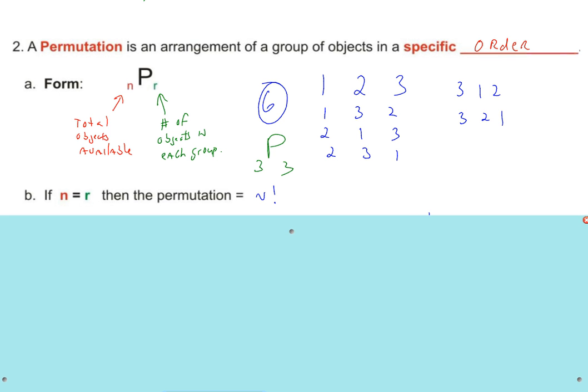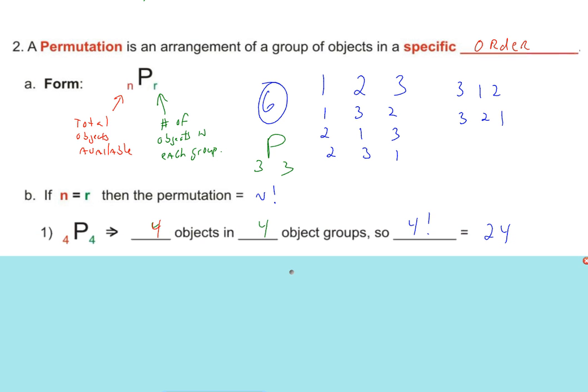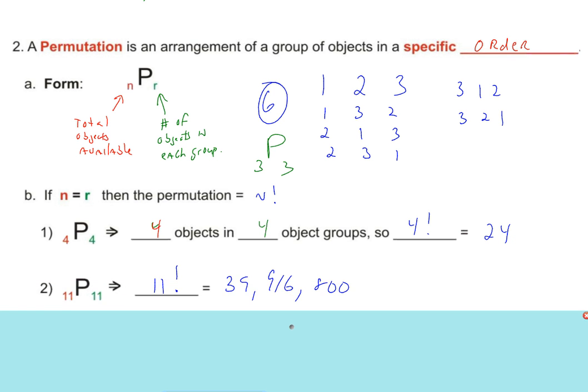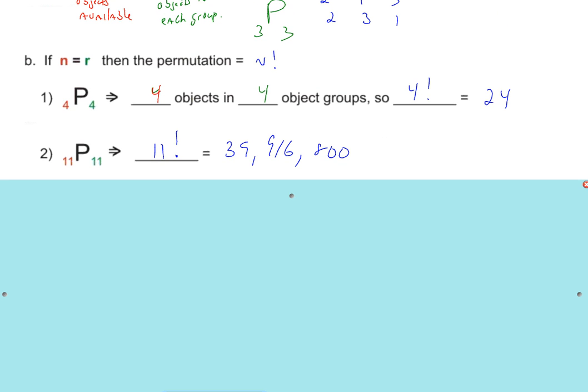If n and r are the same, you can just use the factorial button. A permutation for 4 is just 4 factorial. If you're doing homework, what would your homework be? Just this. P 11 11, all you got to show me is 11 factorial and the answer. That's all you got to show me. But show me the 11 factorial, right?